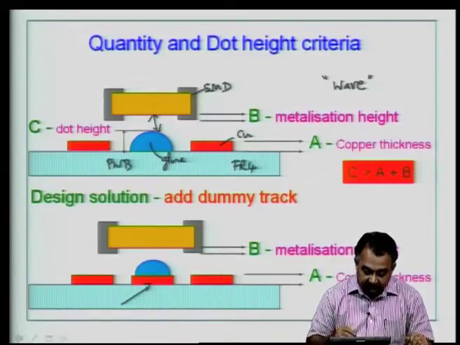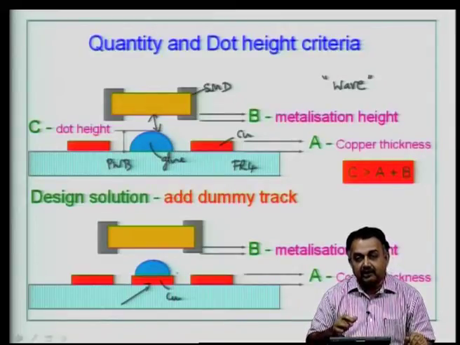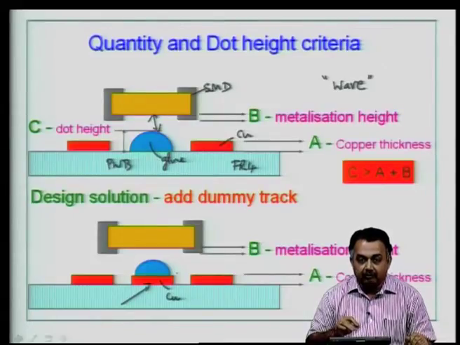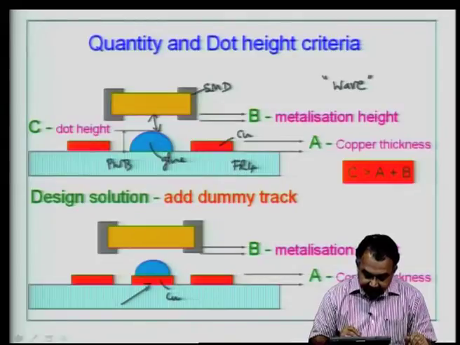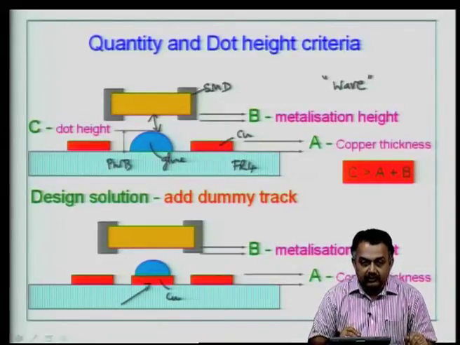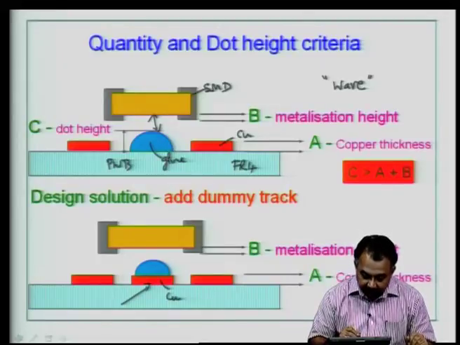At the design stage itself, you create an additional copper pad, which is not an interconnect, which is not part of the design itself. It is a dummy pad that is generated. The idea is you can reduce the height and thereby reduce the volume of glue that can be dispensed.